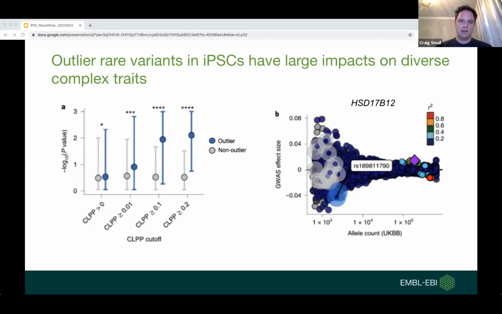And then we stratified using the colocalization results. We stratified by colocalization CLPP score, which is just a measure of confidence in colocalization. And what we can see from that is there's an increasingly large difference in the absolute GWAS effect sizes of outlier and these non-outlier or matched control variants as a function of colocalization CLPP score.